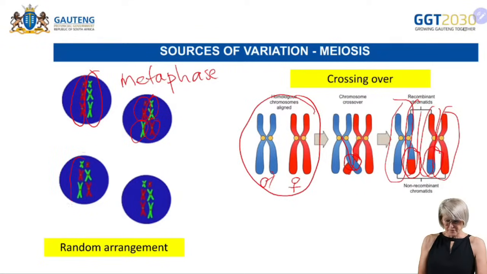And here we have them shared out, 1 green, 1 red, 1 green. And here is a different form. So once the gametes are formed, every single gamete will be different. And that is because of genetic variation.